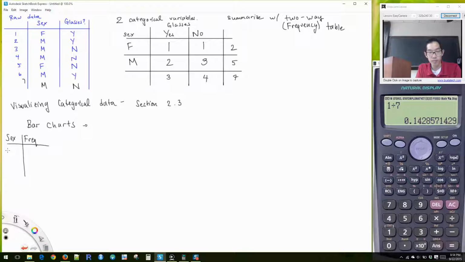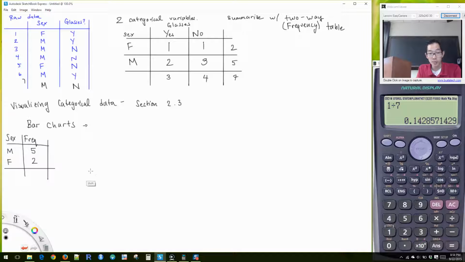I have male and I have female. How many males total do I have in my data table? 5, and 2 females, right?